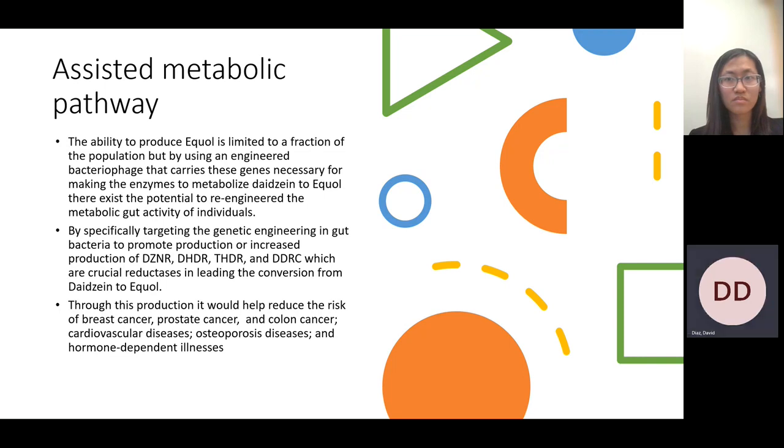By specifically targeting the genetics in gut bacteria to increase production of DZNR, DHDR, THDR, and DDRC, which are crucial reductases in the conversion from daidzein to equol, it would help to reduce the risk of breast cancer, prostate cancer, and colon cancer, as well as cardiovascular diseases, osteoporosis, and hormone-dependent illnesses.